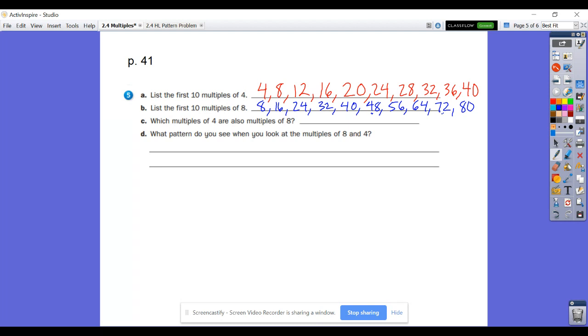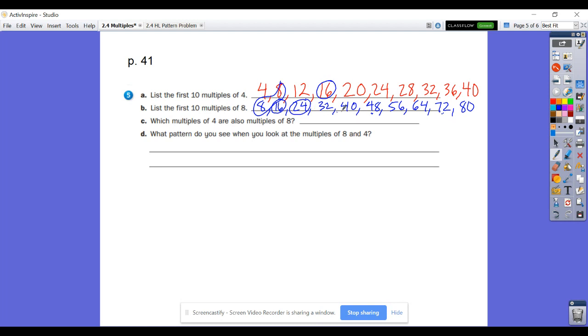So now let's look for some patterns. The next question asks which multiples of 4 are also multiples of 8. So that means you're looking to see the numbers that appear in both lists. Now I'm noticing that we have a match here with our 8s. We have a match here with our 16s.